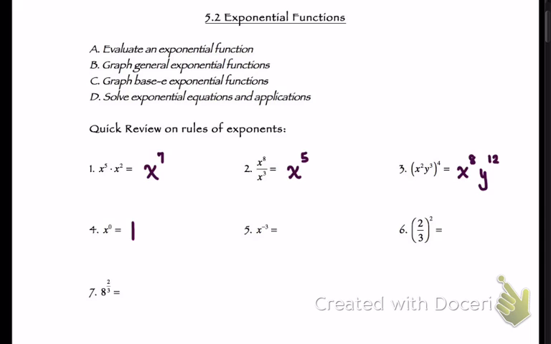Number 5, this one might be a little tricky, so I'm going to take this one a little bit slower. Remember, you're not allowed to have negative exponents. You have to make those negative exponents positive. So think, it's negative in the numerator. What I do is I move it to the denominator where it becomes positive.